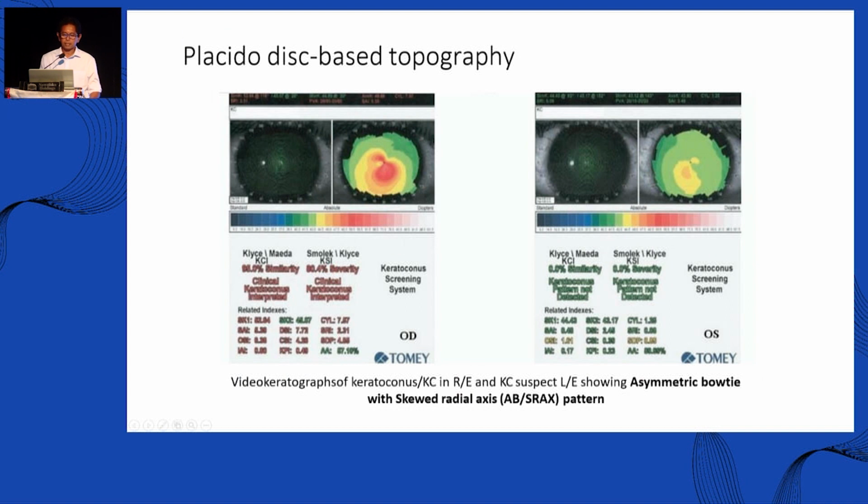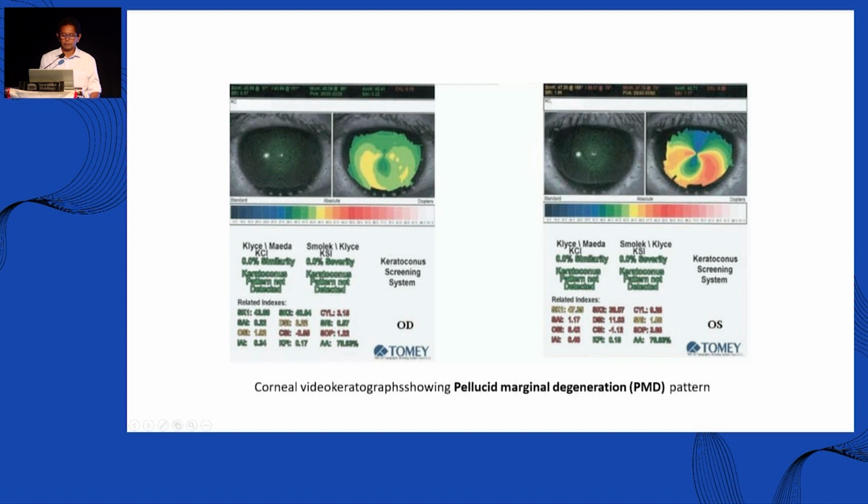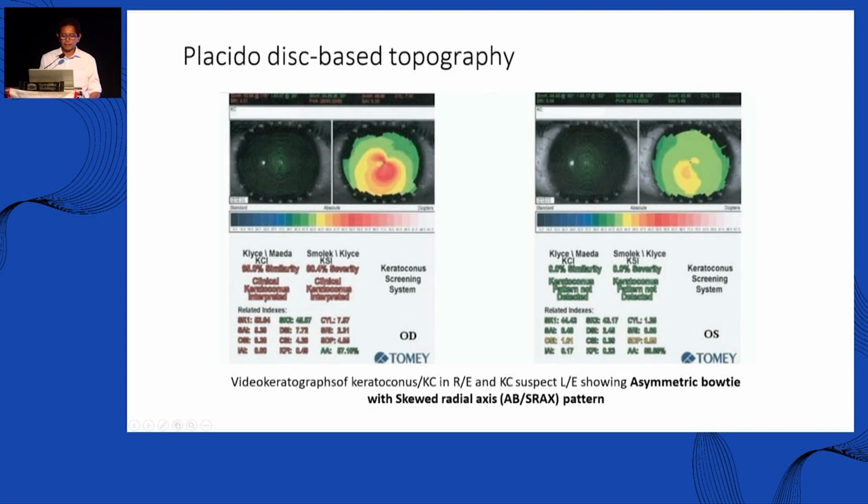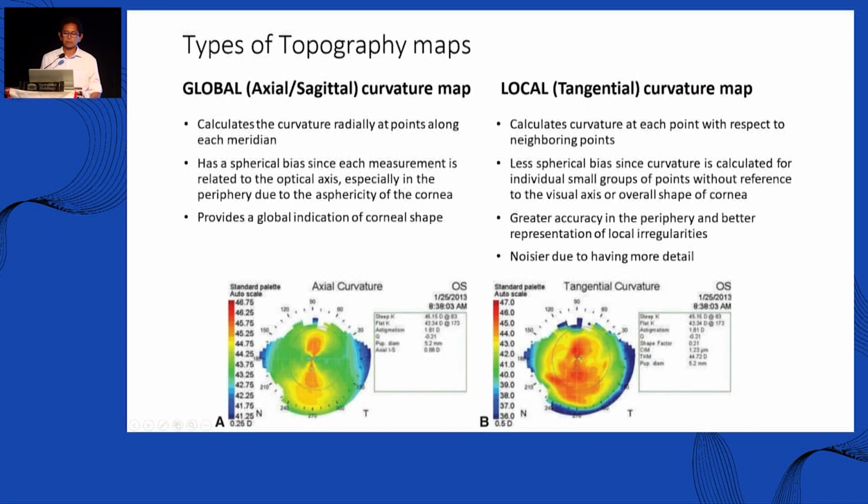So this is a Placido disc-based topography, and you can see some patterns like this, pellucid marginal degeneration, the crab claw pattern, and here in the other one, an asymmetric bow tie pattern with a skewed radial axis. There are two types of topography maps, the sagittal or axial map, and the tangential map.